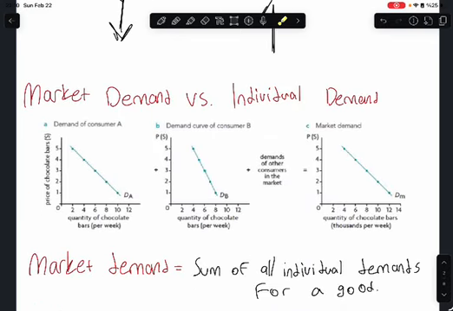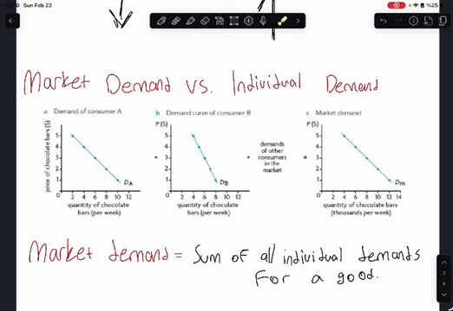So let's talk about market demand versus individual demand. So far we have considered the demand for a good of one individual consumer. Market demand shows the total quantities in the market for the good consumers are willing and able to buy at different prices.